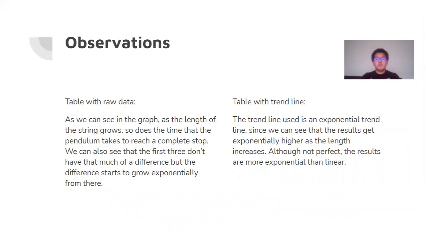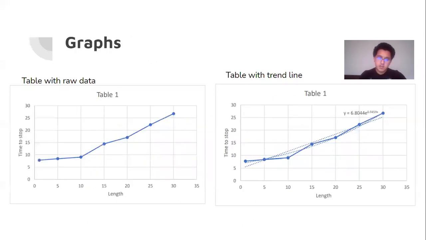So as we can observe in the graph, as the length of the string grows, so does the time that the pendulum takes to reach a complete stop. We can also see that the first three don't have that much of a difference, but the difference starts to grow exponentially from there, as we can see here.